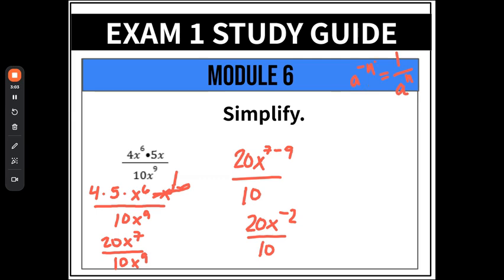Okay, here's our rule right here. X to the negative 2 is going to drop into the bottom. So I'll rewrite this as 20 over 10 times x to the 2. And then 20 divided by 10 is just 2. So I'm left with 2 over x squared.